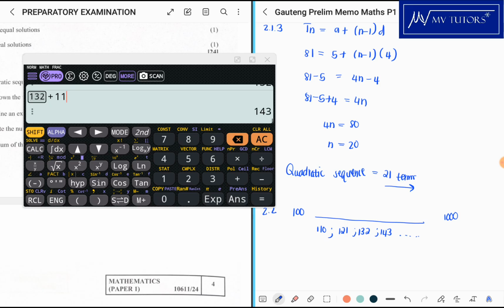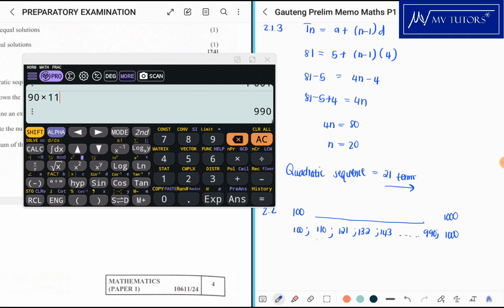So I'm just going to say, what is 1,000 divided by 11? It is 90.9, so 91. Let's just say 91 times 11. I get 1,001. So if I say 90 times 11, it's 990. So I have 990 before I get to 1,000. All right, so this is how the trend goes.